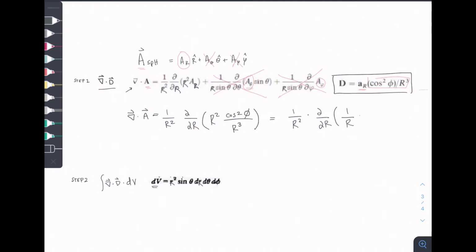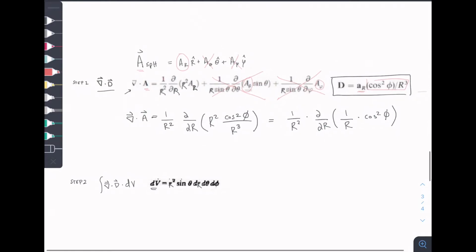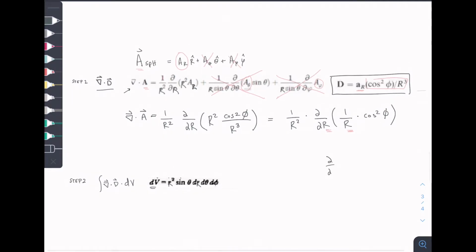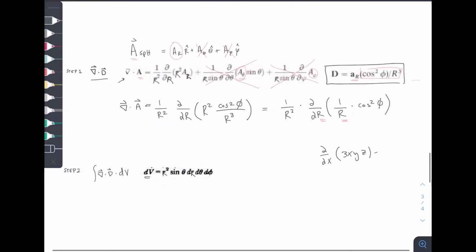So we have 1 over r times cosine squared phi. Because this is the partial with respect to r, we are only taking the derivative with respect to r. Anything that's not the variable we care about, we treat as a constant. For example, if I do the partial with respect to x of 3xyz, I'm going to end up with 3yz.